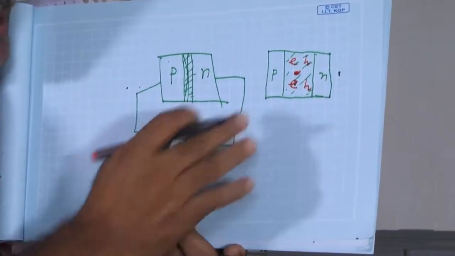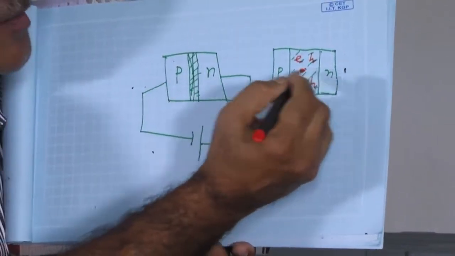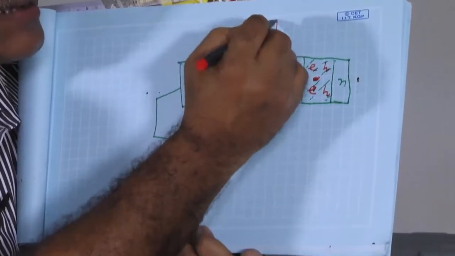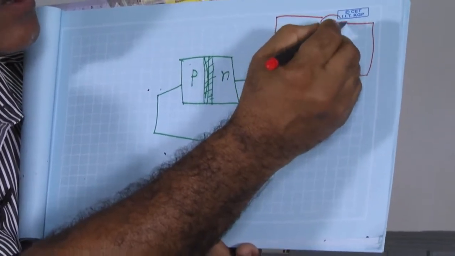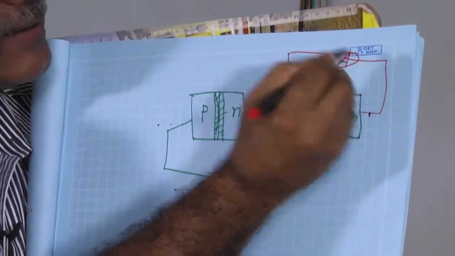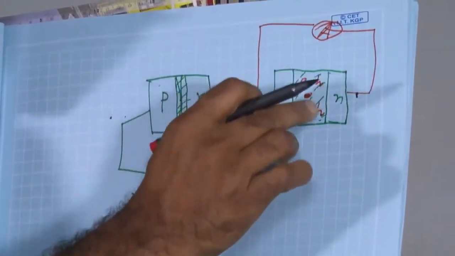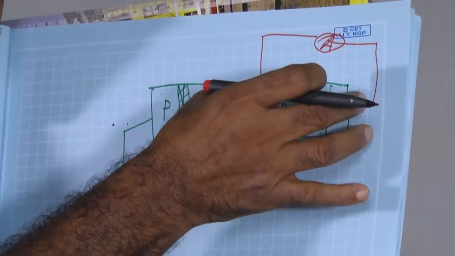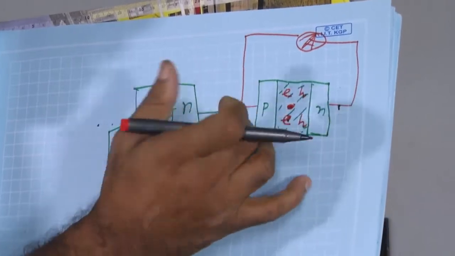If you measure the current, the electrons and holes will travel and give current.